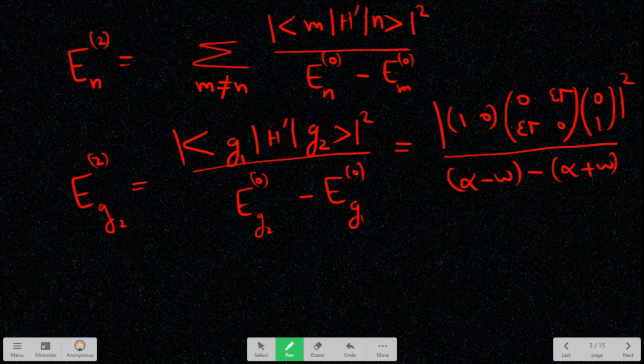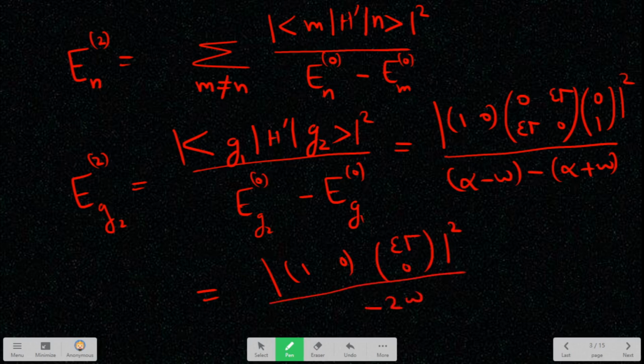So this is equal to the modulus square of (1 0) times (epsilon gamma, 0), divided by minus 2 omega. This is equal to minus epsilon square gamma square by 2 omega.